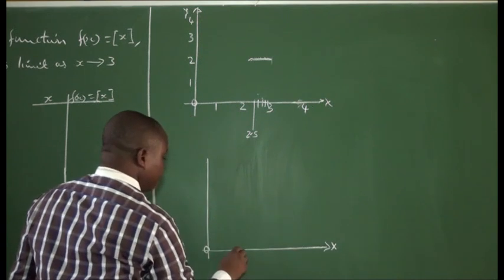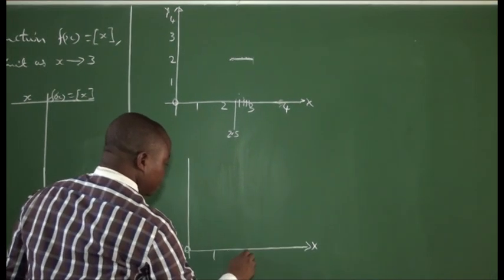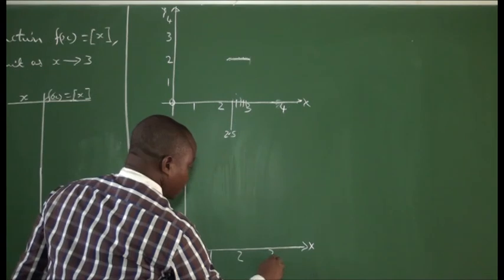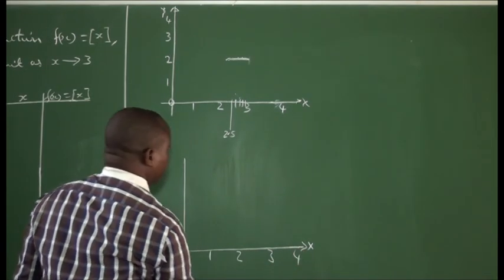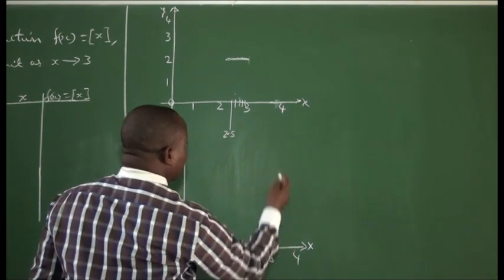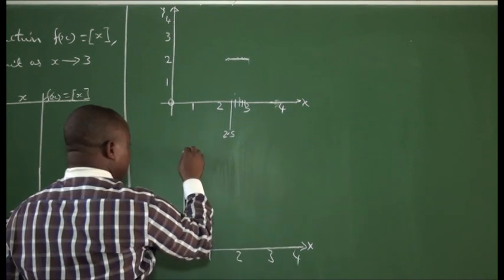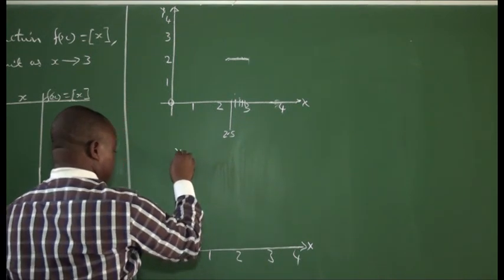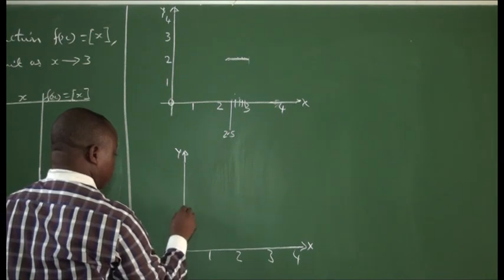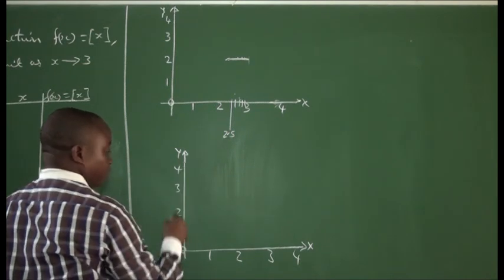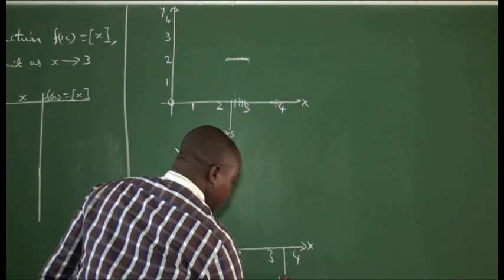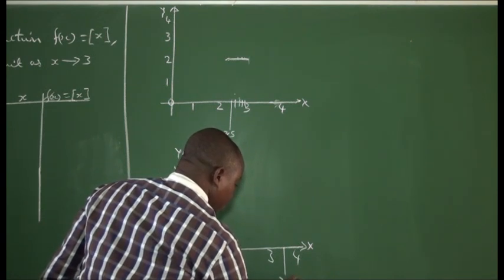This is 0, 1, 2, 3, 4. And since x is approaching 3 from the right, we will have 3.5 here.